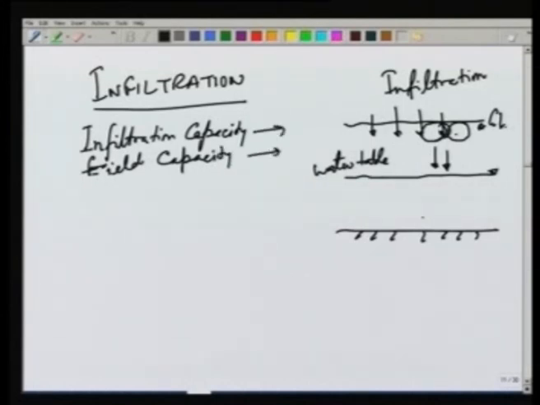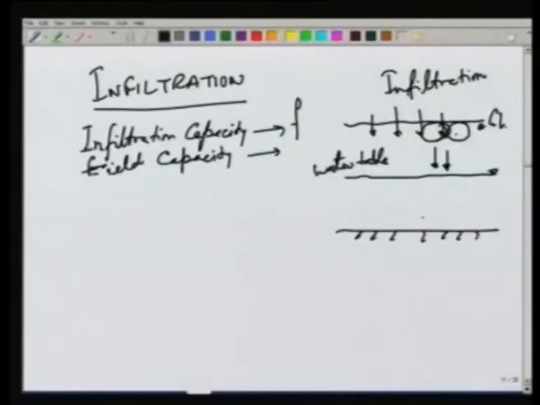Infiltration capacity is the capacity of the soil to transmit or allow infiltration. So, we can say that this is the maximum rate at which water can be infiltrated, and typically we denote it by Fc.